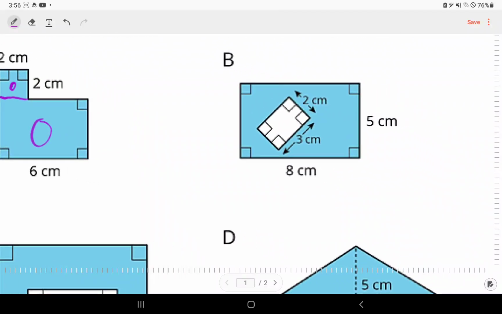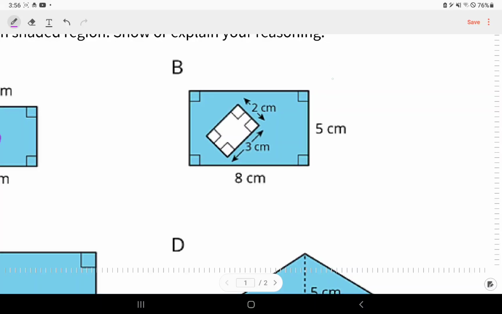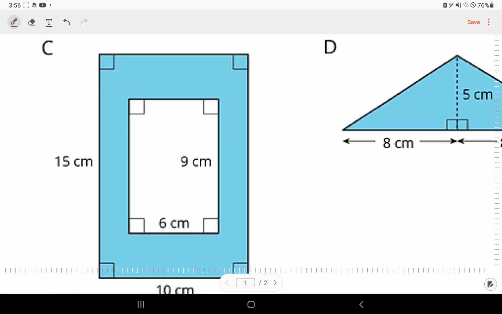For B, I'd find the area of the big blue rectangle and subtract the area of the little rectangle. So then you find the area of this little rectangle. And to get your answer, find the area of the big rectangle, find the area of the little rectangle, and get your answer.